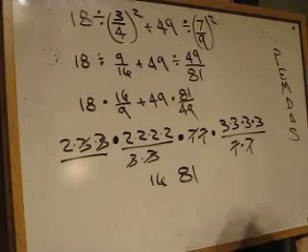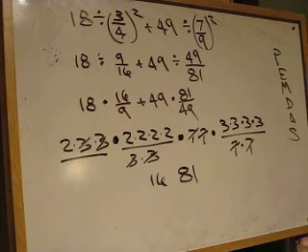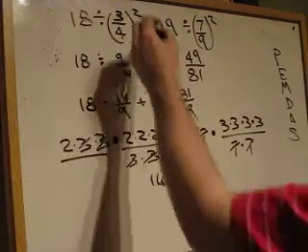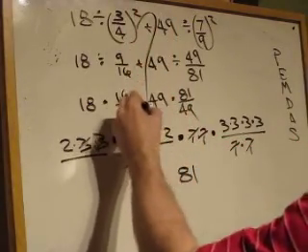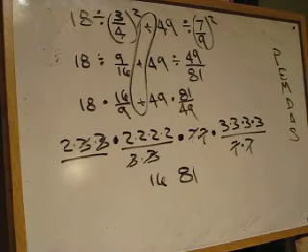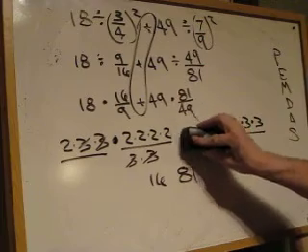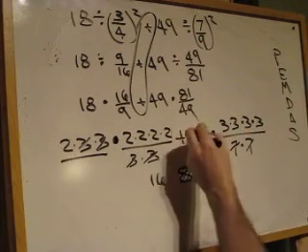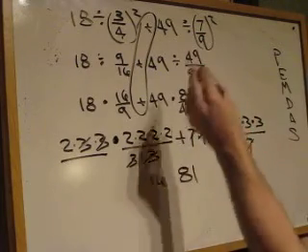Okay, and I just found a mistake I made here, and this is something that happens a lot, so you've got to really pay attention. Doesn't matter how much time you've been doing math. That was a plus sign in front of that 49 all along, and then look what I did to it. I changed it to a multiplication sign. For some reason, I caught that as I was looking up here.